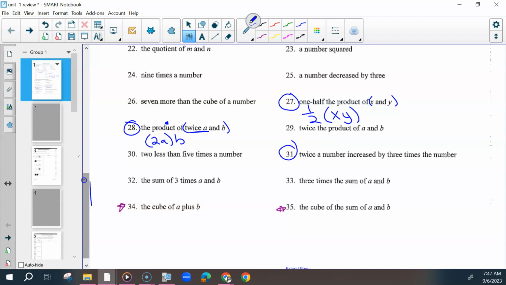So twice a number, we know we're multiplying. Increase by, adding. 3 times, multiplying again, the number. Because it didn't say a different number, we're going to use the same variable for both. So twice a number, someone give me a variable, sure, plus 3 times the number.